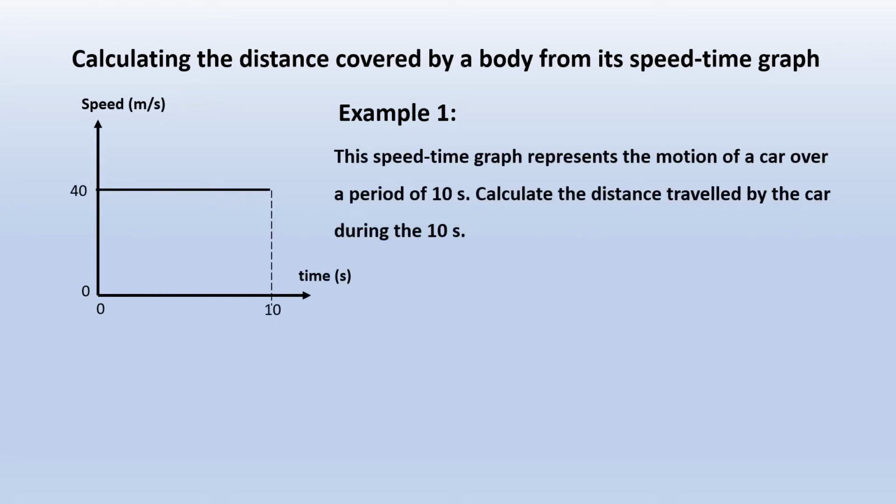This speed-time graph represents the motion of a car over a period of 10 seconds. Calculate the distance traveled by the car during the 10 seconds. We know distance is obtained by calculating the area under the speed-time graph.